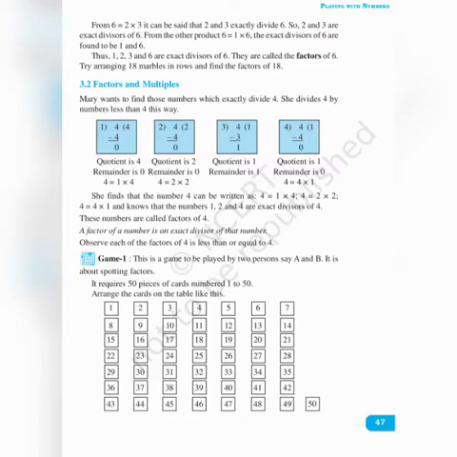What are the factors? 1, 2, 4. It is already given in your textbook. Kindly refer to the textbook. You can underline the important words. A factor of a number is an exact divisor of that number. It is given in italics so that you can underline it. So 1, 2, 4 are exact divisors of 4.